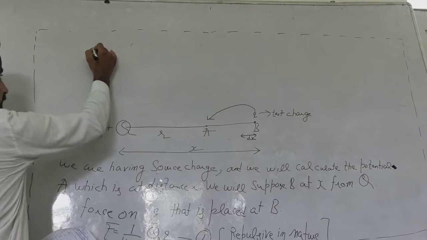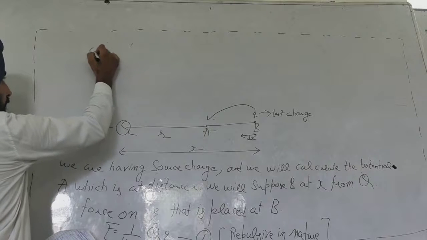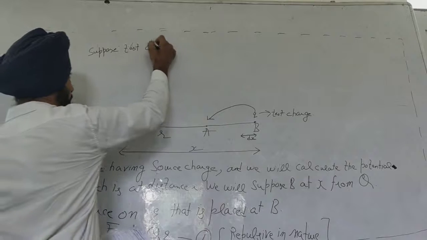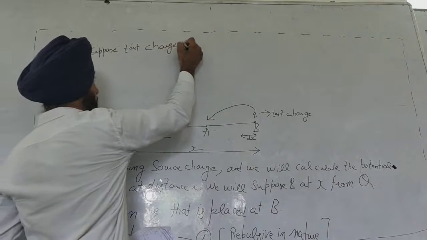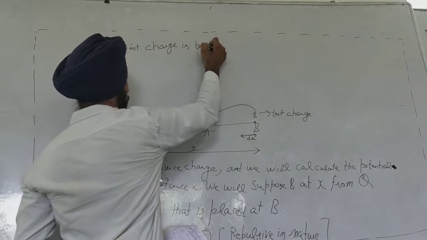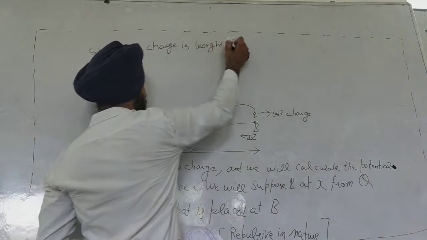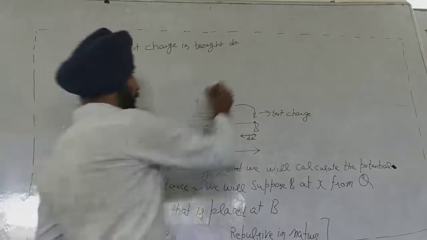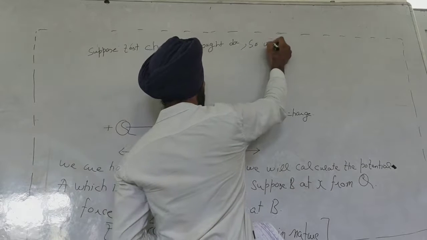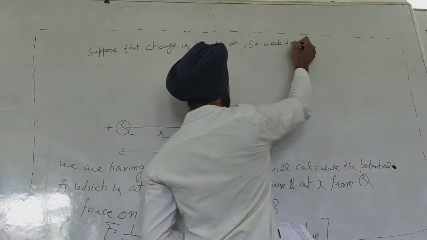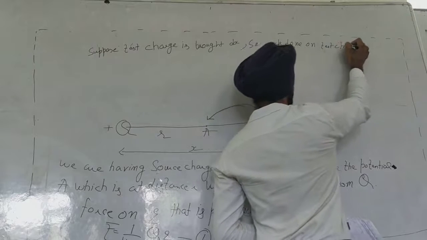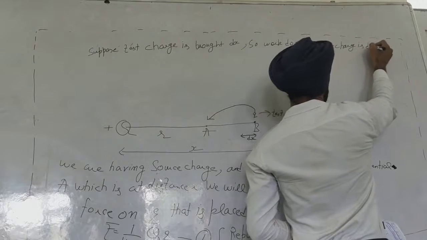What is the work done? Suppose the test charge is brought through a distance dx. So the work done on the test charge is dW.